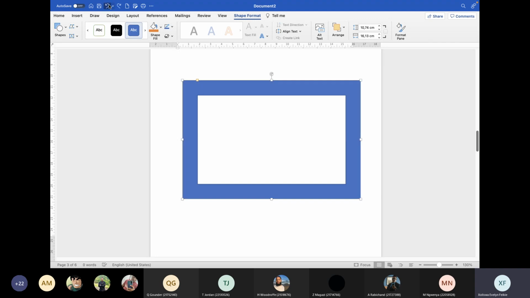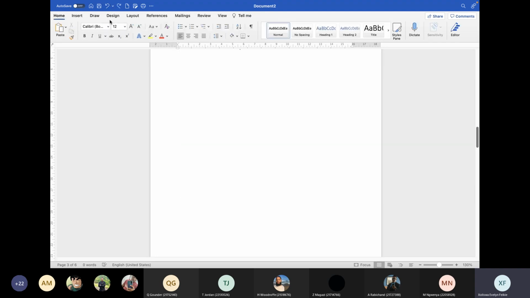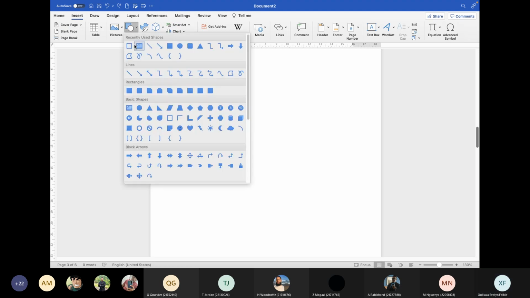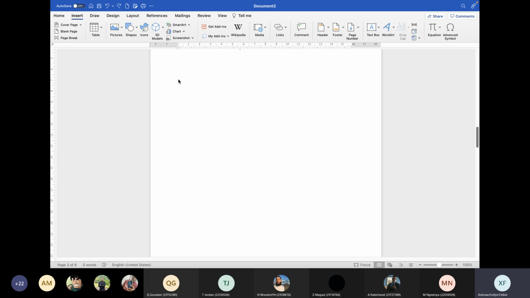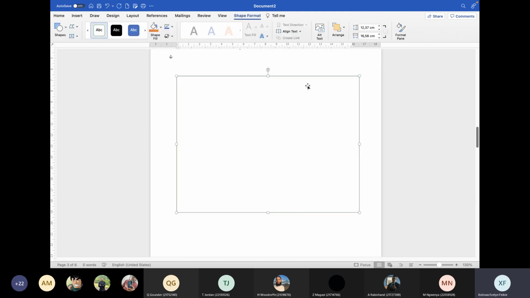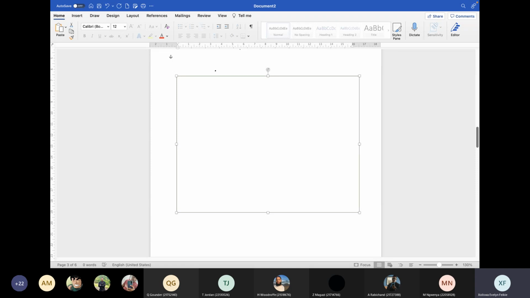Let's choose this shape. So this is what they have.